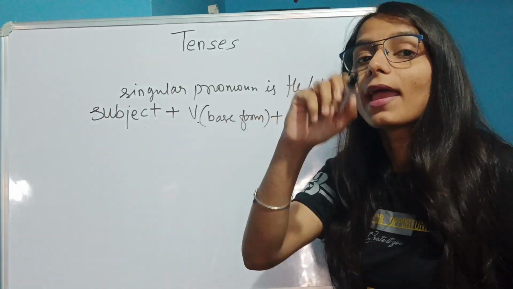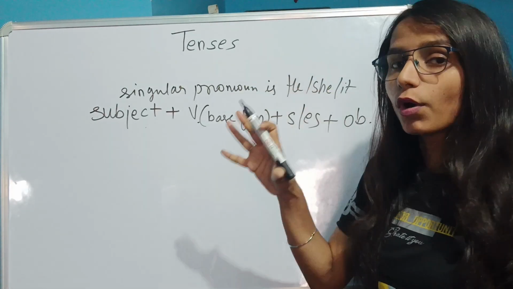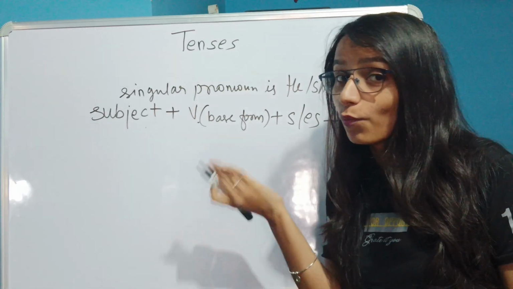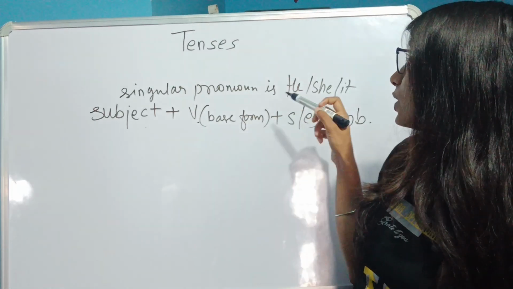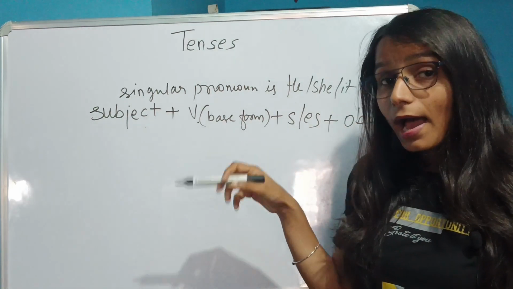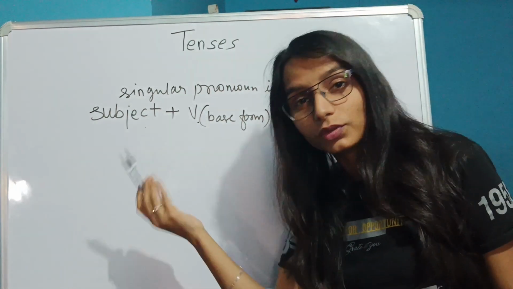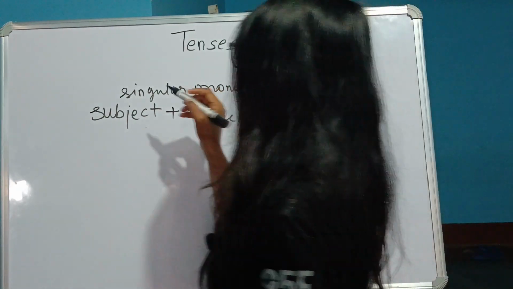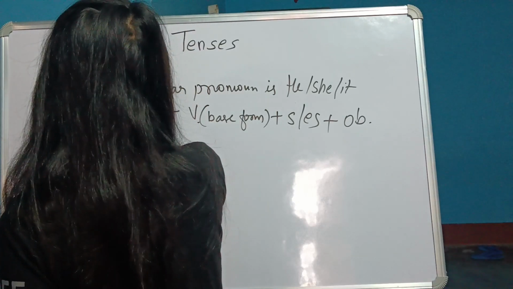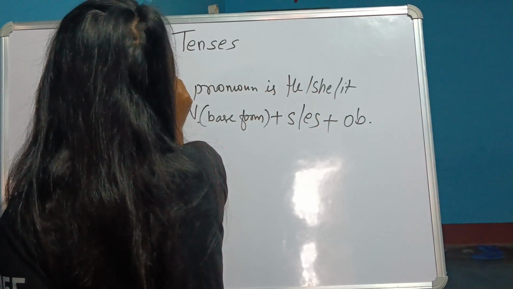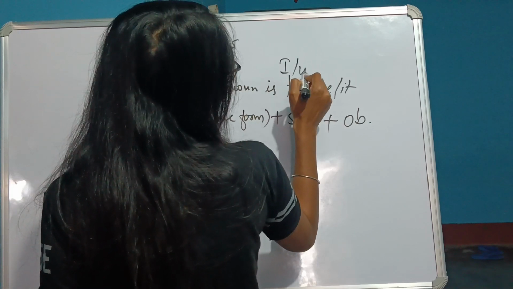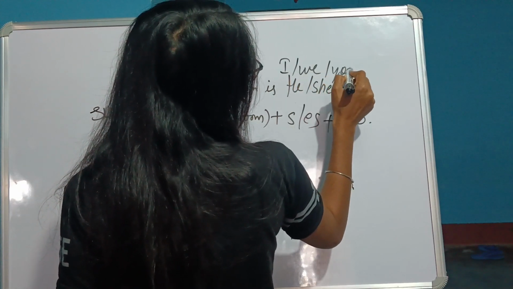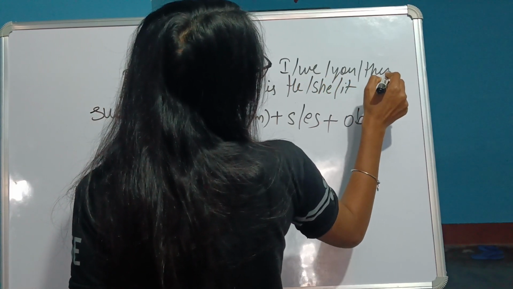So I put s after the base form of drink: drinks water. Understand what I'm saying? He, she, it is a singular pronoun. I, we, you, they is a plural pronoun.